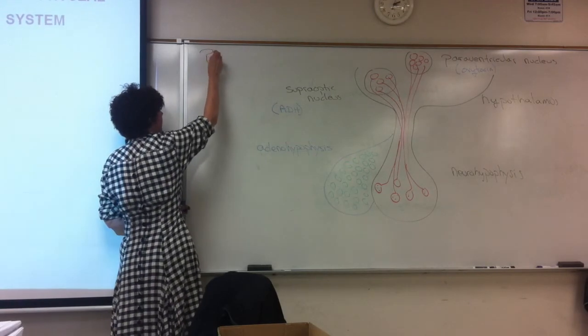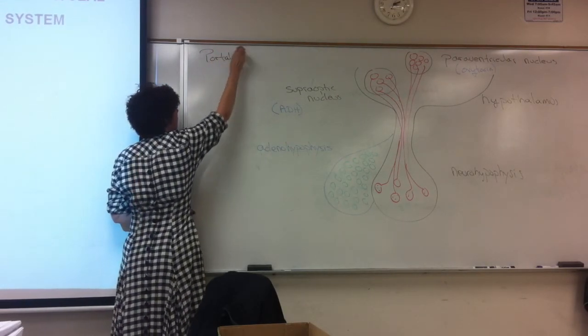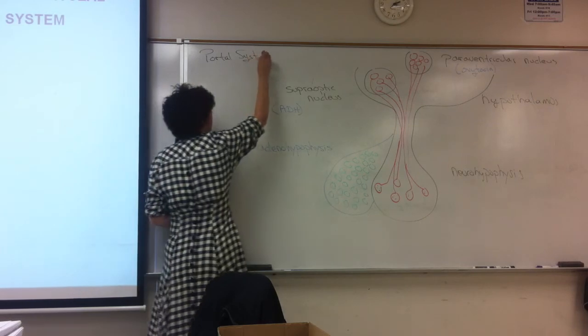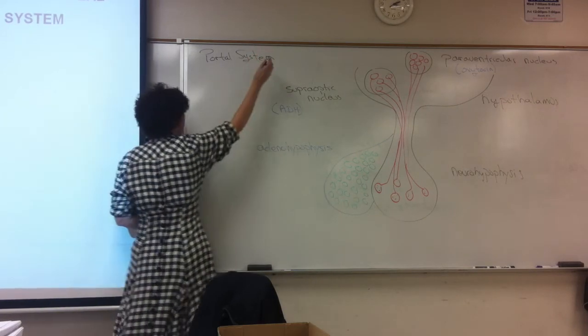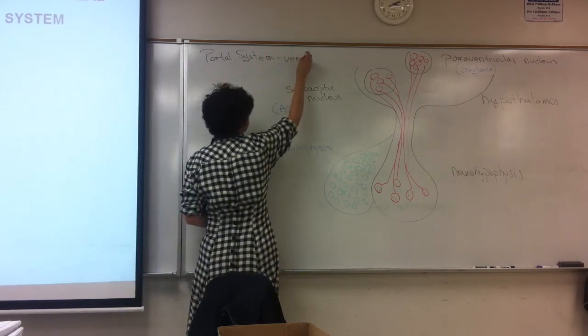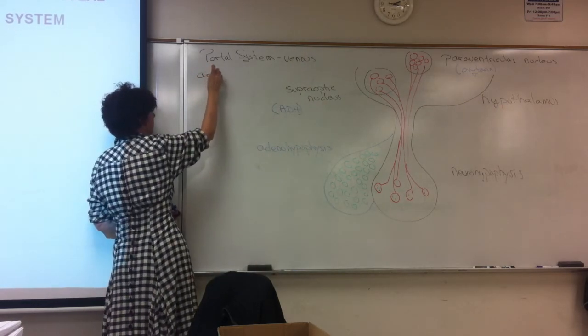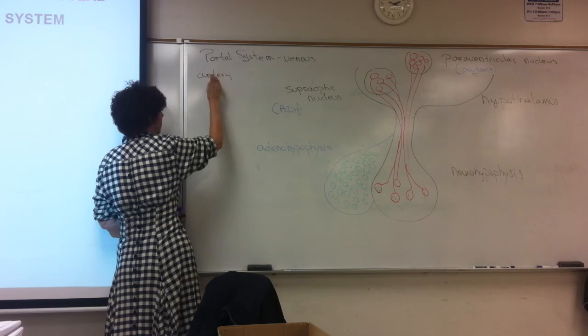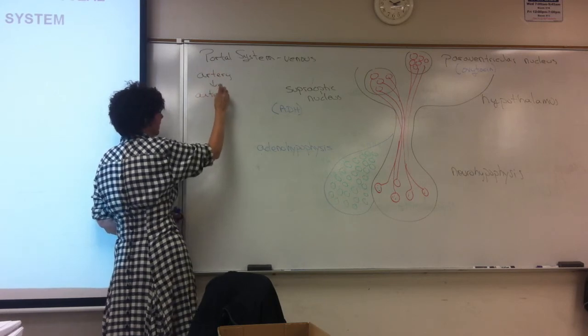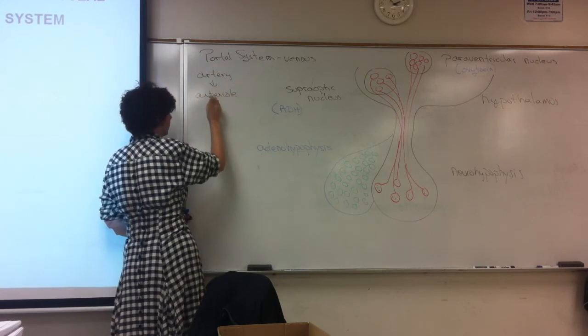So in a portal system, that is a venous portal system, arterial out for a shortcut.